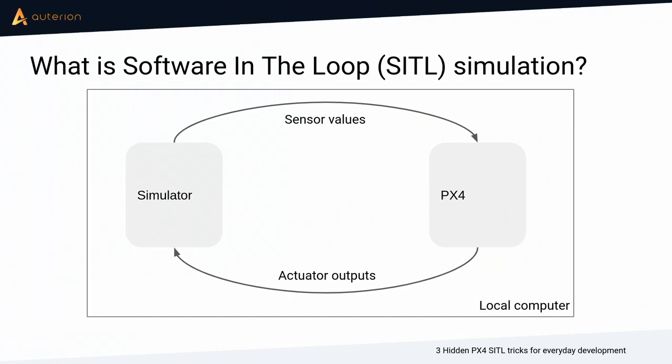Sends that to PX4. PX4 does all of its calculations and what it wants to do in that world. And the output at the end is actuator outputs, so motors and servos. And that gets fed back into the simulator that then does the physics, does another step.